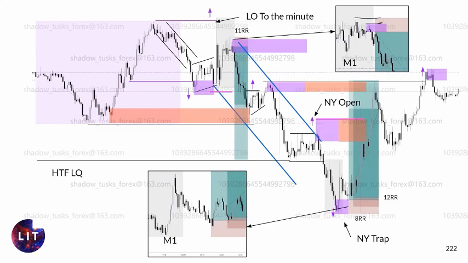Now, we continue down. We have a little mini cycle up high, but there's no clean mitigation, and we don't come back and mitigate the inducement. So no entry here. That's fine. Then same thing happens. We create a false reaction from the higher time frame liquidity, react away, induce the overall channel to the downside.